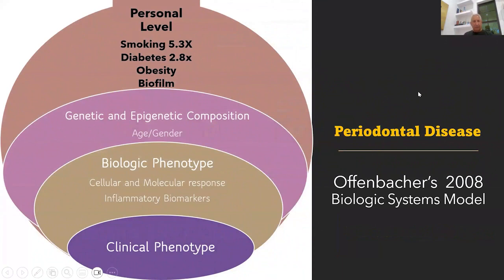The Offenbacher study in 2008 showed that, for example, if you see someone in your practice who's smoking, they're 5 times more susceptible to periodontal disease, red flag. 2.8 times more if they're a diabetic, red flag for perio. Obesity, red flag, increased perio risk. Biofilms, obviously certain bugs in their biofilm, risk factor, and we could be testing biofilm.